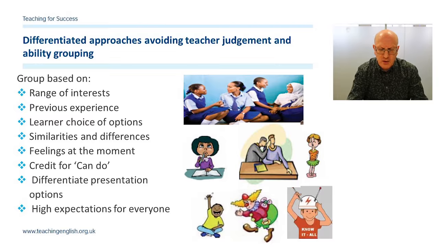And can we think of different ways that will group people so that they can bring to the group the things they can do and the strengths they have, which might be based on grouping people according to a range of interests. It might be previous experience. It might be a group where there are certain things that are quite alike, and then other things that are different.